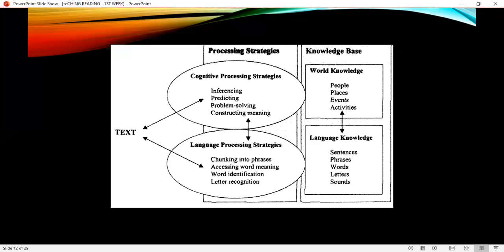And then you use these cognitive processing strategies. You have inferencing, predicting, problem solving, constructing meaning. And then you have the language processing strategies: chunking into phrases. Chunk is to group, yeah? Chunking into phrases, accessing word meaning, word identification, and letter recognition.